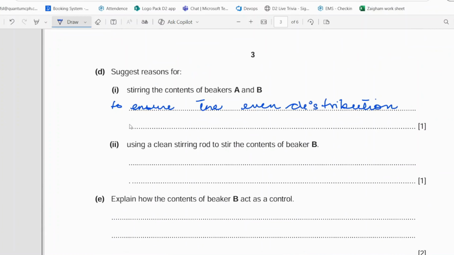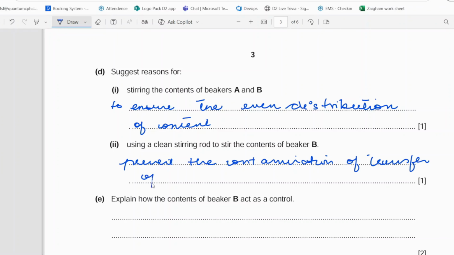Okay, for the even distribution of contents. Okay, using a clean stirring rod to prevent the contamination or the transfer of contents. We have already discussed this.